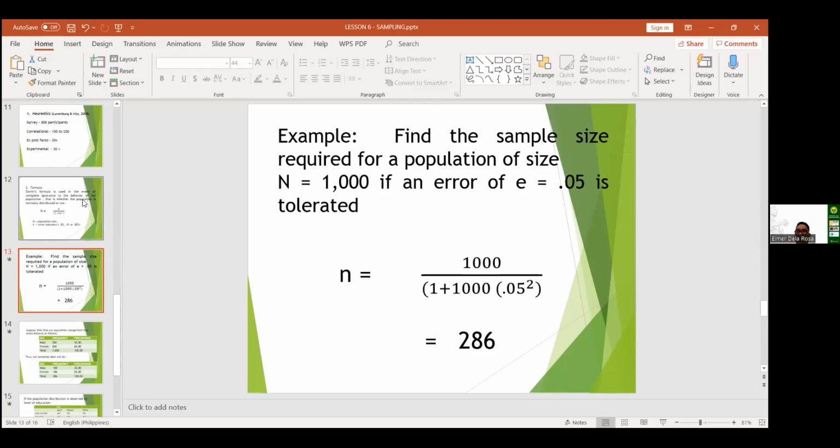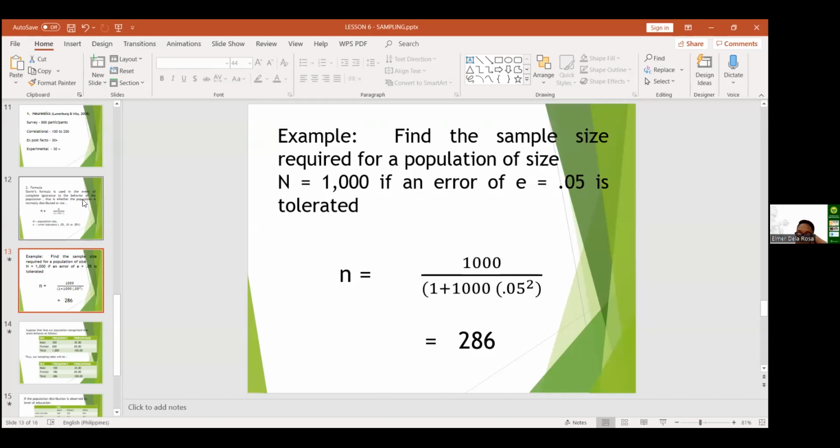Eh kung 1%, Sir Bon, ang gagamitin nating error, ano ang ating sample size? Paki-compute mo nga. Sir Bon?